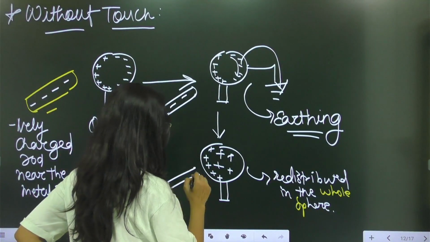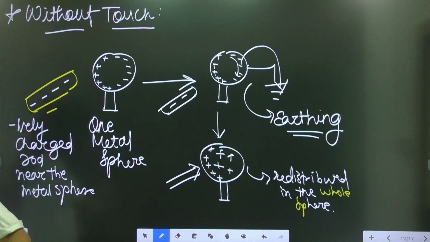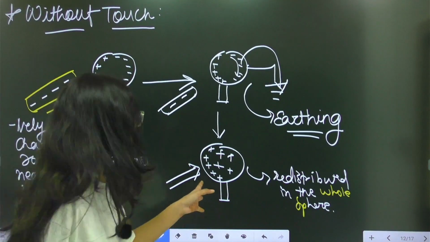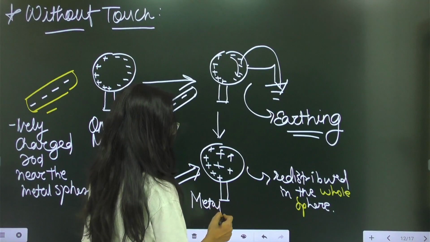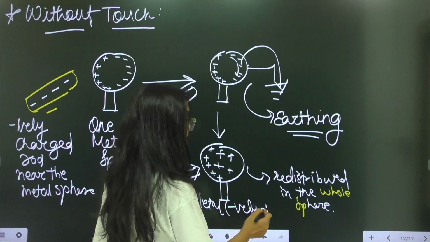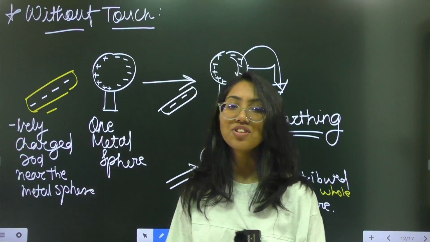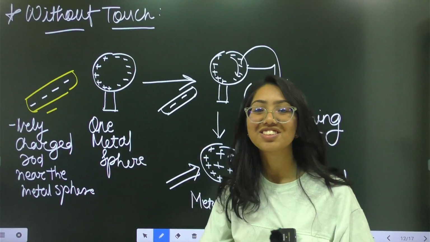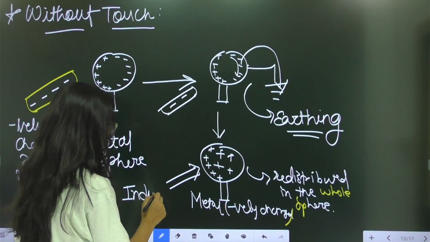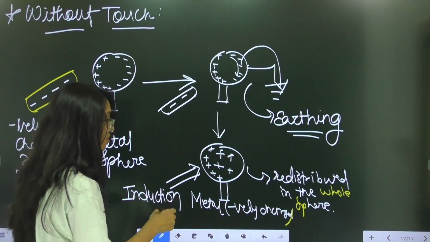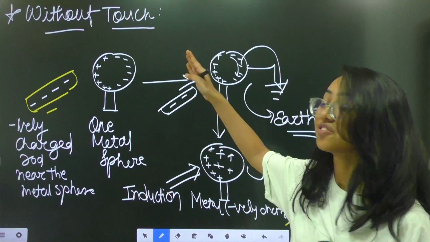And now, first there was no charge, it was neutralized, and now it's positively charged. Now the metal sphere is positively charged. So there was no charge before and now there is charge. So this is what we call induction, because there was no charge before and there is now positive charge. So this is induction without touch.